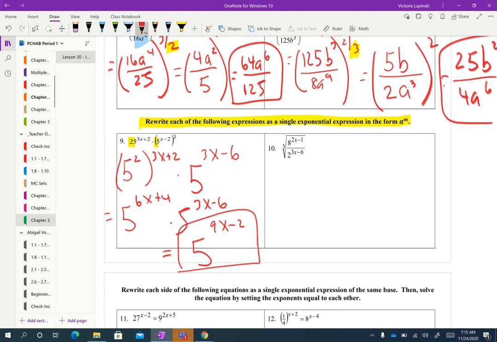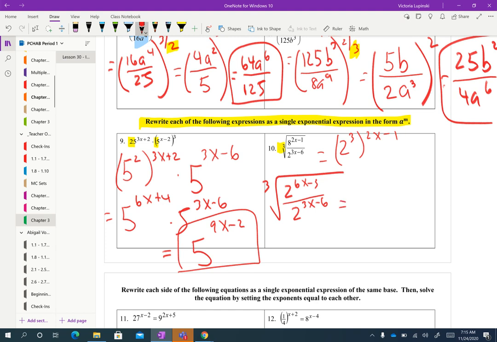And then for number 10, again, the cube root is the same as the 1/3 power. You can apply that 1/3 at any point in the work. I'm going to go ahead and save it to the end. So I'm going to start by writing the 8 as 2 cubed to the 2x minus 1. So this is going to become the cube root of 2 to the 6x minus 3 over 2 to the 3x minus 6.